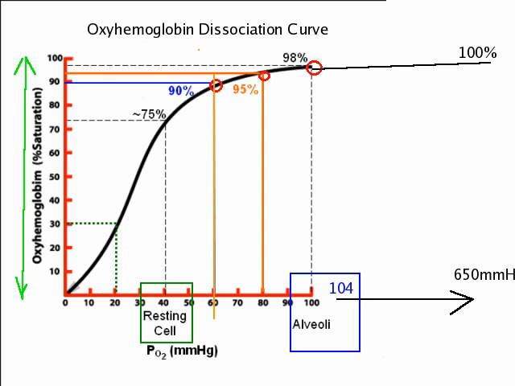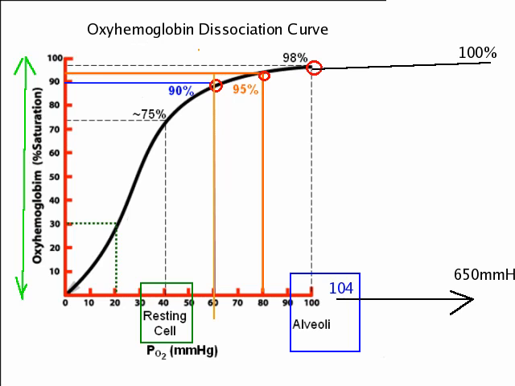The thing is, yes, it is possible to move down to a partial pressure of 40 millimeters of mercury within the alveoli. It is possible to get to the point where your alveolar pressure is equal to the resting cell partial pressure.